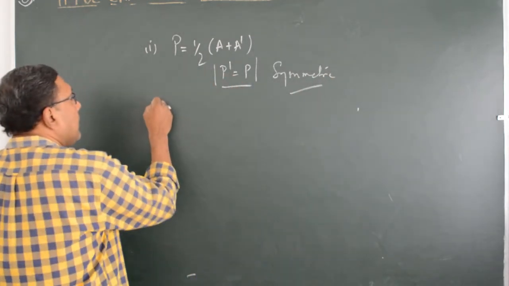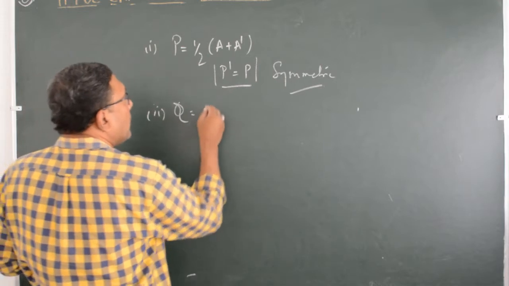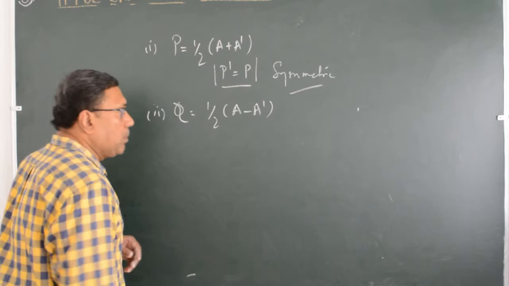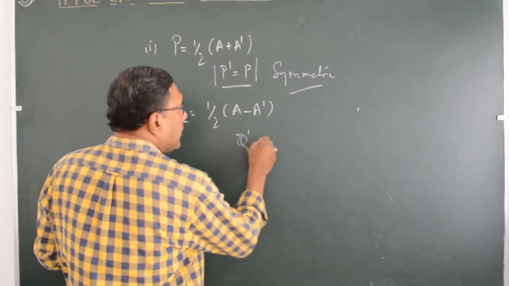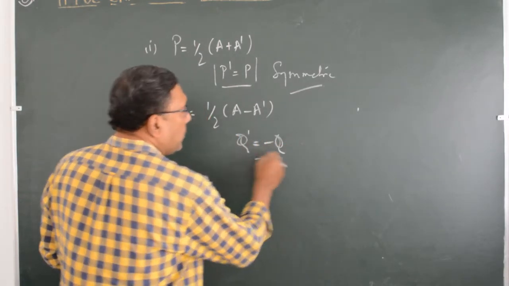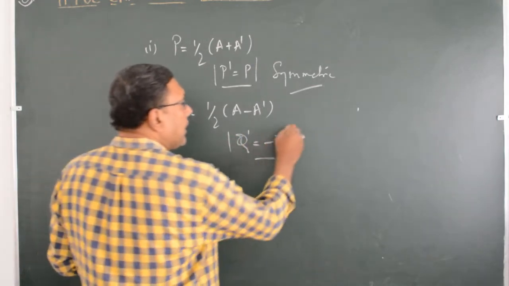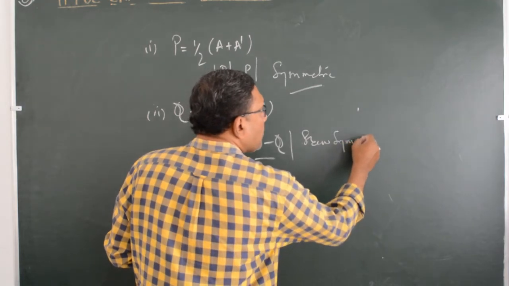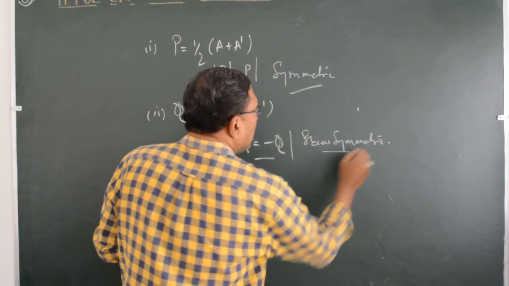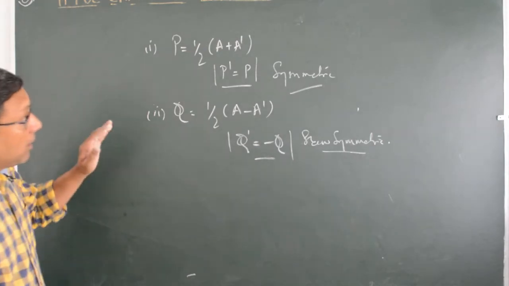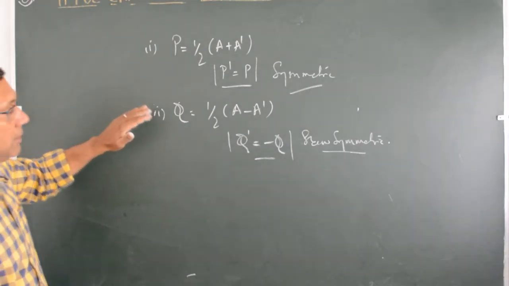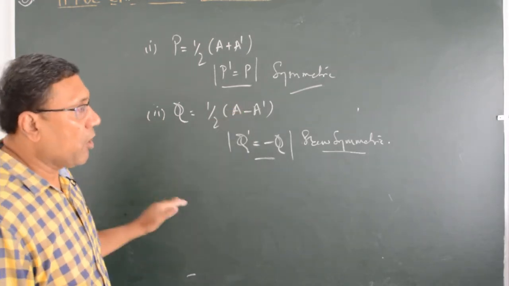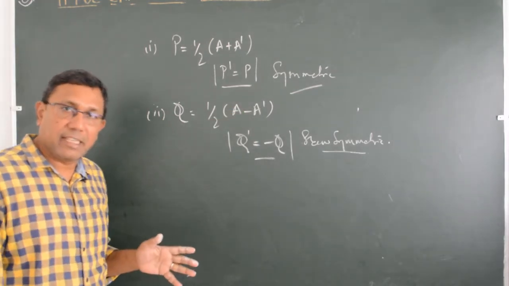Similarly, take it as Q and do the operation A minus A transpose. If you are able to find Q transpose is equal to minus Q, then this matrix will always be skew symmetric in nature. When we do example problems, what we are talking about now will become more understandable and easy.